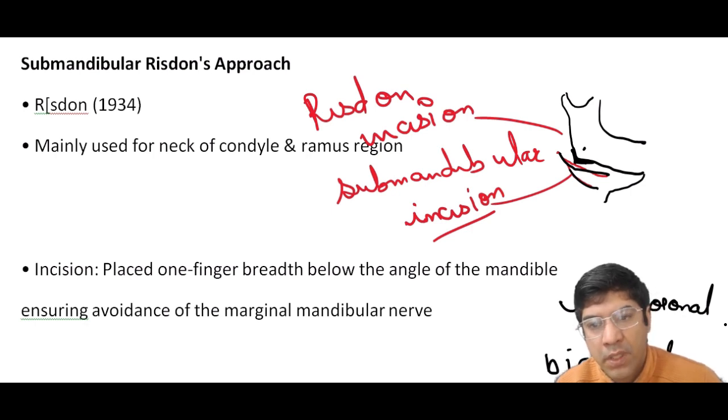It provides excellent visibility and accessibility. The biggest advantage of this approach is that the scar resulting from the incision is hidden within the hairline. When the incision extends into the preauricular region, the surgical scar is not visible, which is beneficial cosmetically.